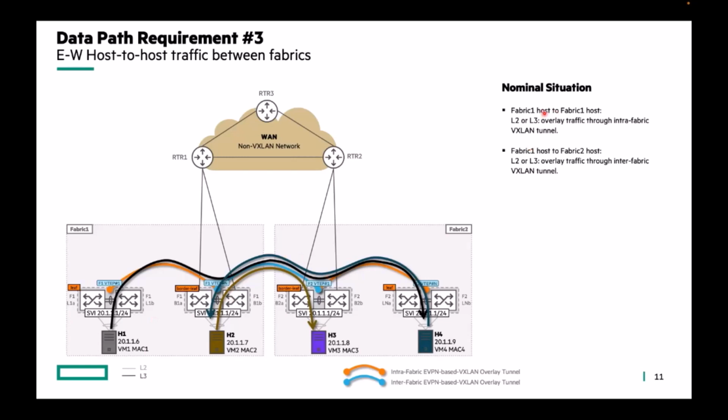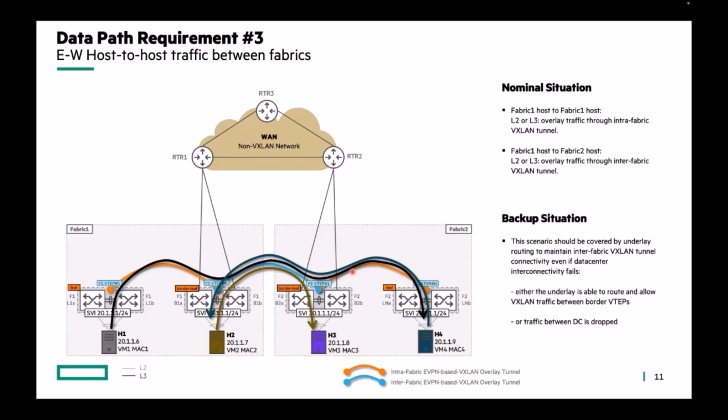So fabric 1 host to fabric 1 host within the fabric, L2 or L3, overlay traffic through the intra-fabric VXLAN tunnel, which is what you see here. That should happen. And fabric 1 host to fabric 2 host, which is over here, L2 or L3, overlay traffic through the inter-fabric VXLAN tunnel. The communication should happen, right? That's the nominal situation today and should happen.